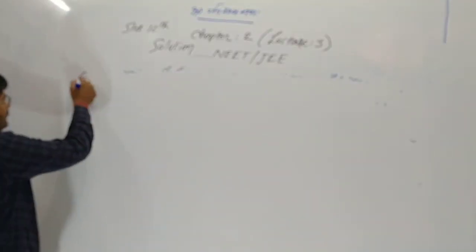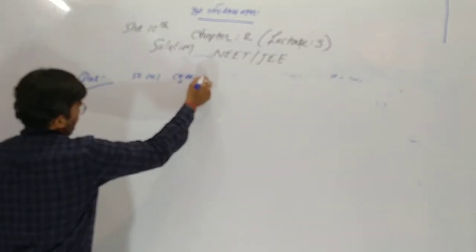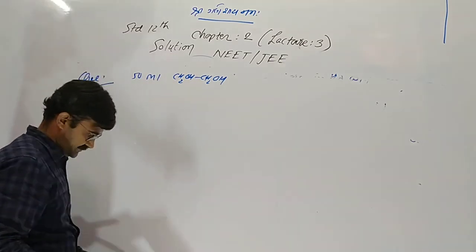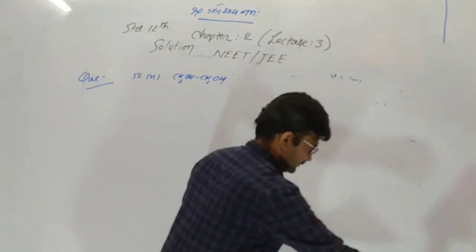Now next question. 50 milli ethylene glycol is dissolved into 50 gram water.